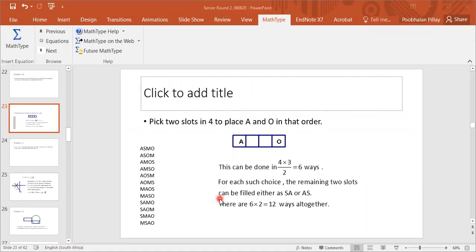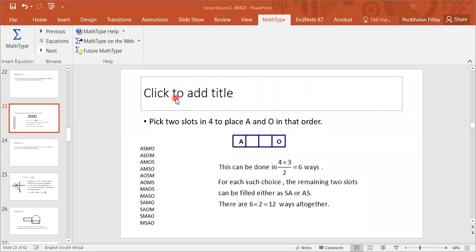I gave you a method of finding the number of ways of choosing 2 objects from n objects, and I made quite a big issue of that. The answer was n times n minus 1 divided by 2.